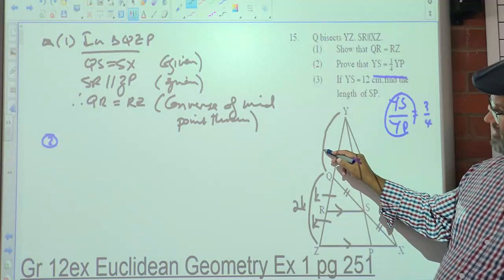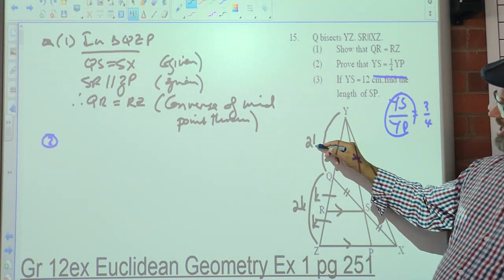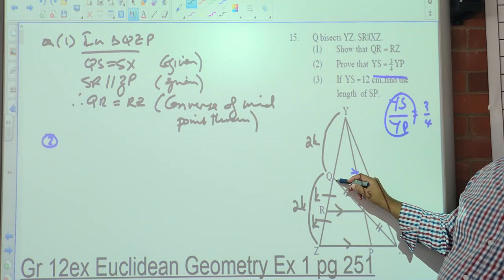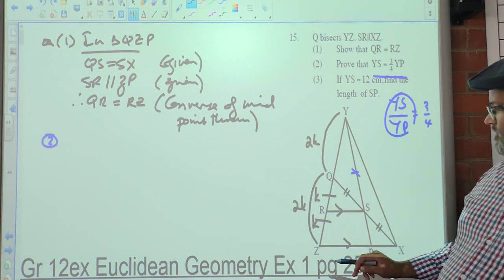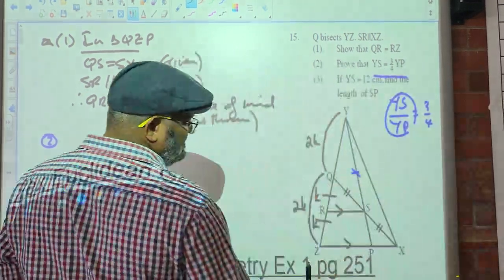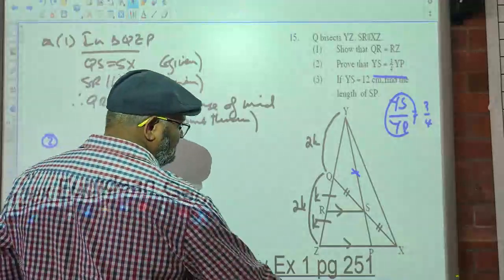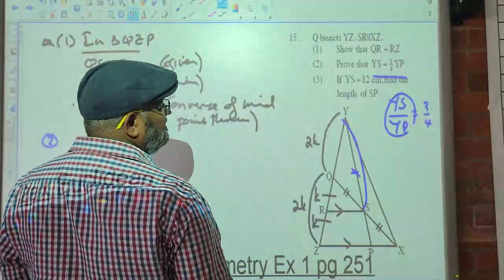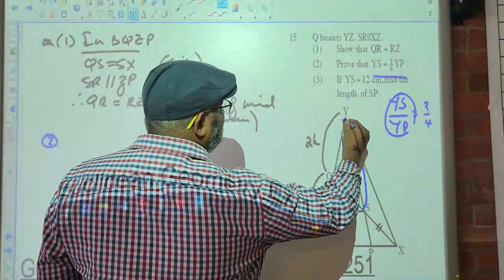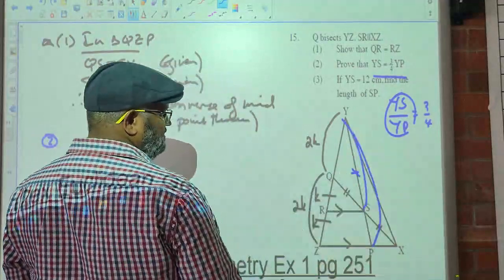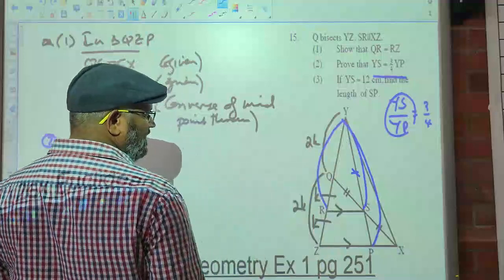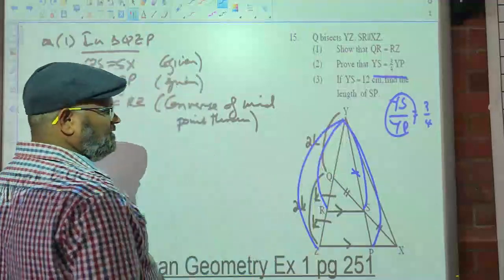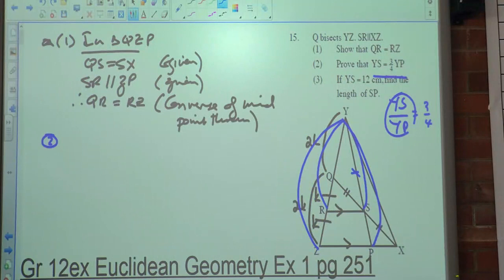And this here? 2k. Why? So that's the midpoint. Not so? So, if we look at what is asked from us here, we know that YS over YP is going to be YR over YZ. Can you see that?